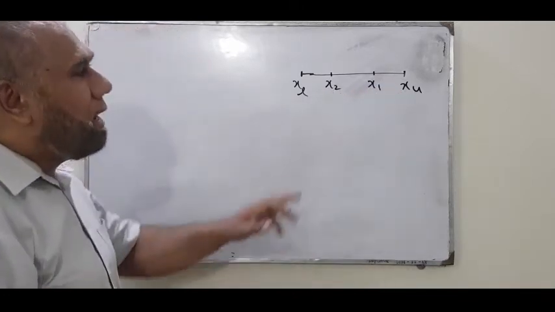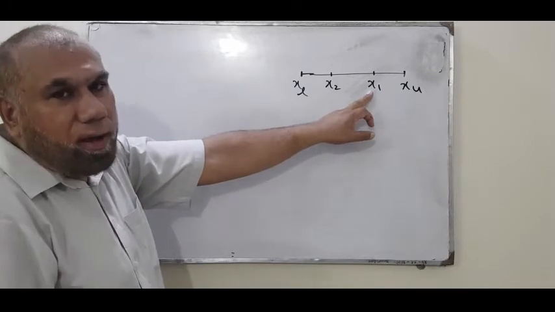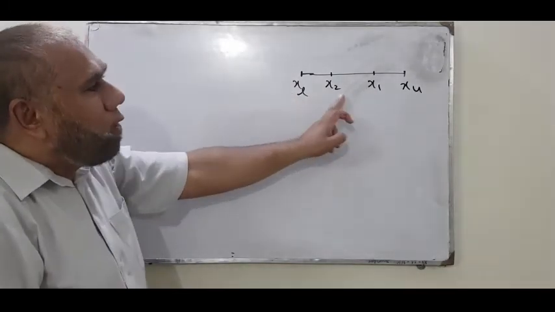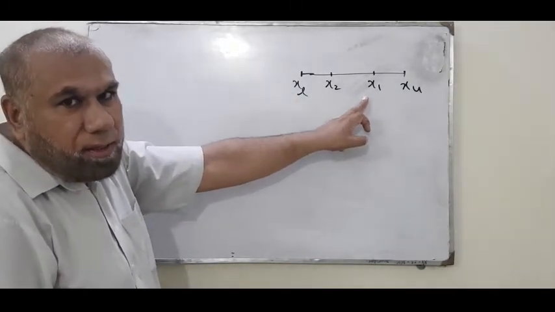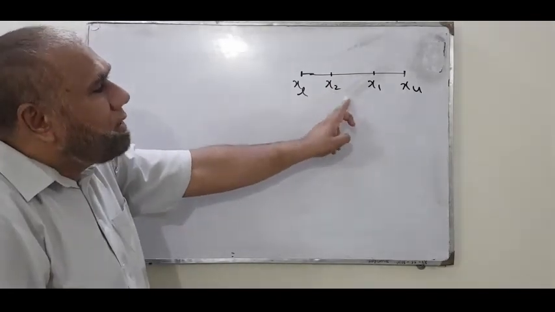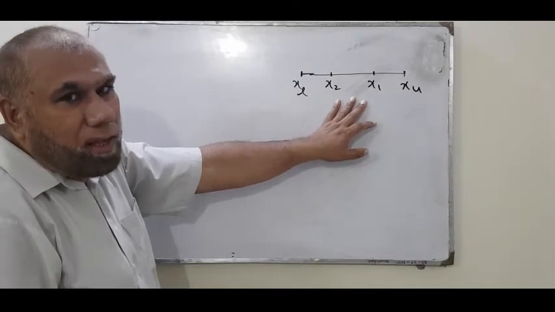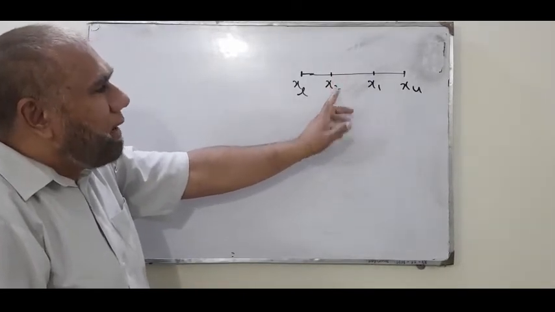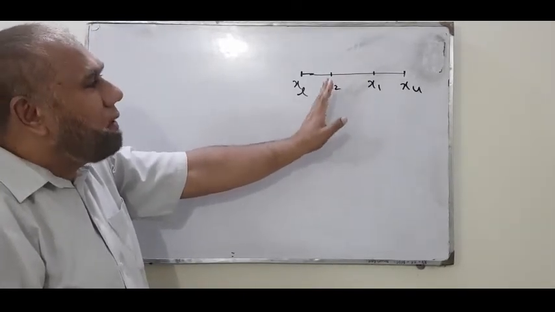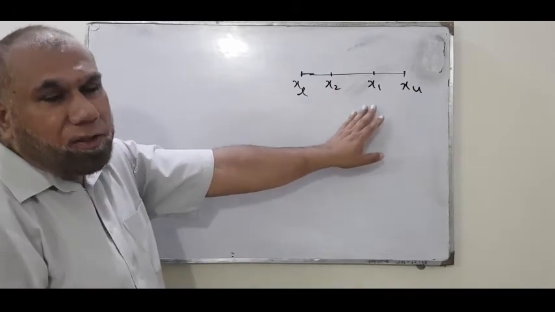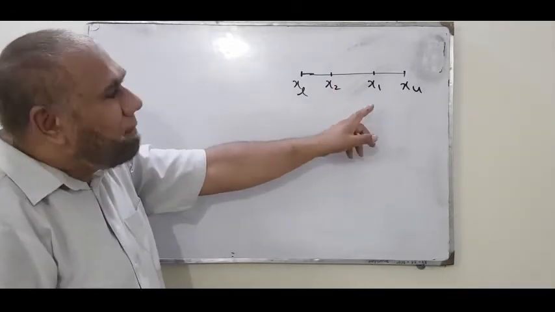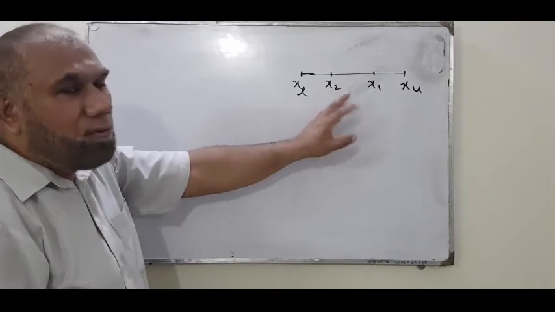You can see here I have taken X2 before X1, and you have to keep the order of these numbers intact. Never change the order of these numbers. Wherever they are, keep them as they are. You'll see while making your calculations, X2 will always occur before X1. So it is not a mistake that I have written X2 before X1.